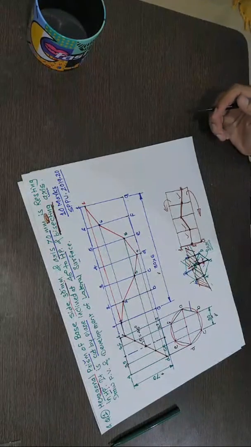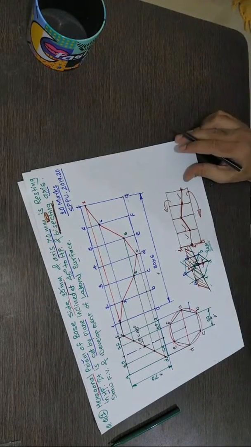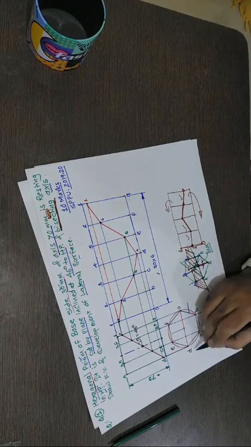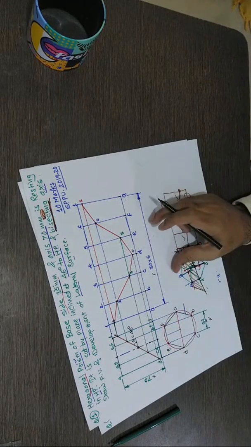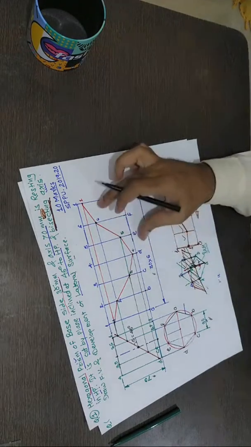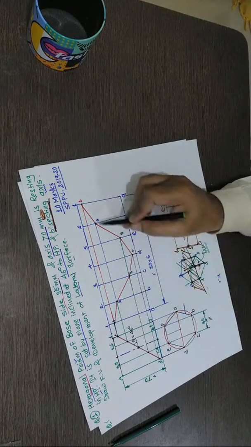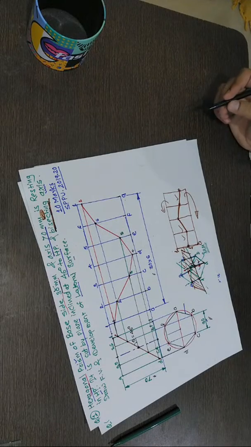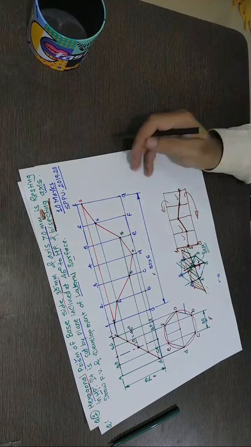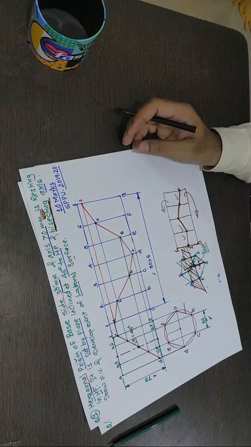The 10 marks distribution is roughly, not exact, but it carries 3 to 4 marks for this, and the rest, 6 marks, is for the development, where these points should be correct and with very good line work. As it is a video, I am using a sketch pen with different colors.